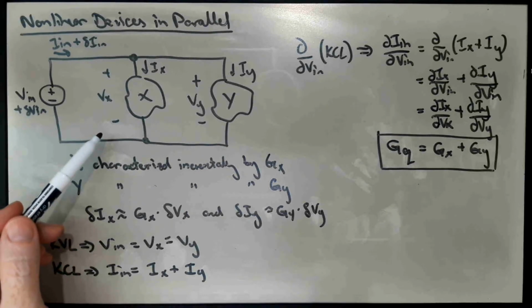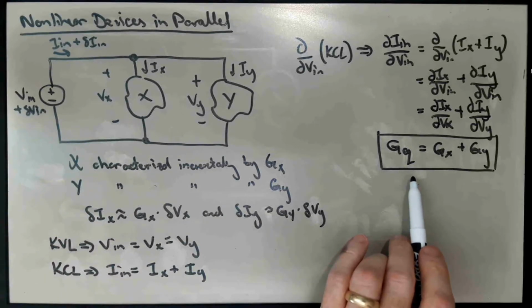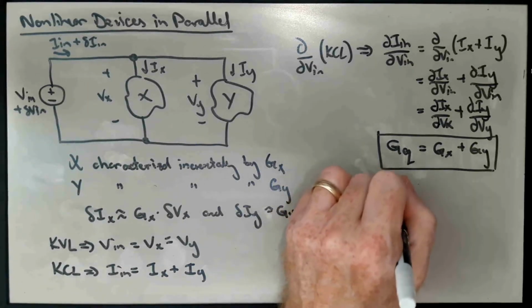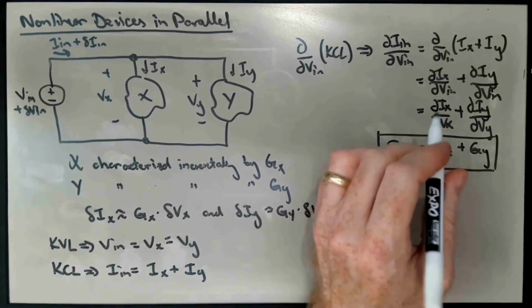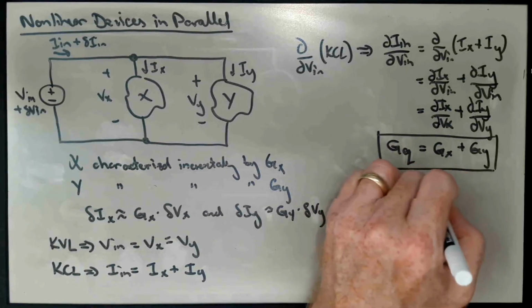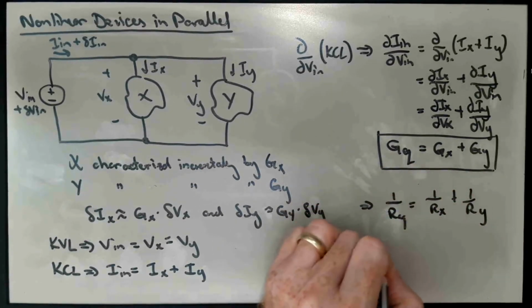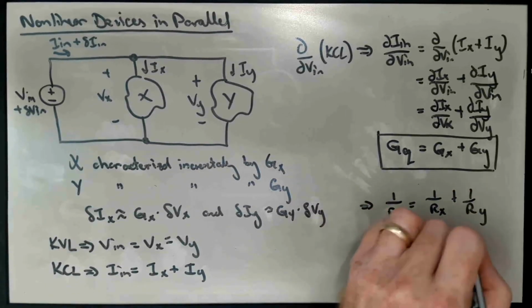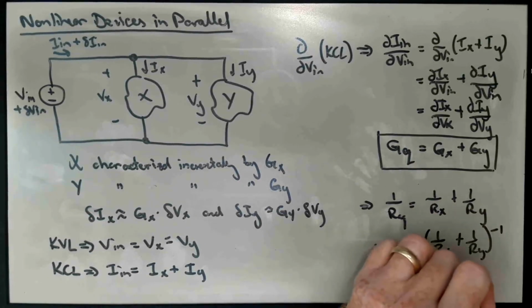And if I like, I could take this a step further and say that since these incremental resistances and incremental conductances are related to each other through the inverse function theorem by a reciprocal relationship, this implies that 1 over Req is equal to 1 over Rx plus 1 over Ry, which implies that Req is equal to the reciprocal of 1 over Rx plus 1 over Ry, which is just Rx parallel Ry.